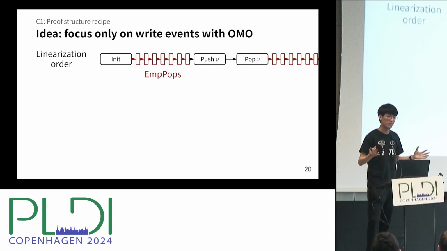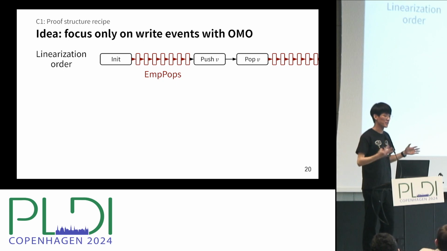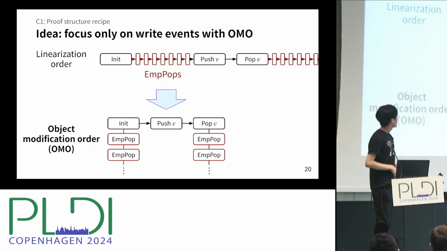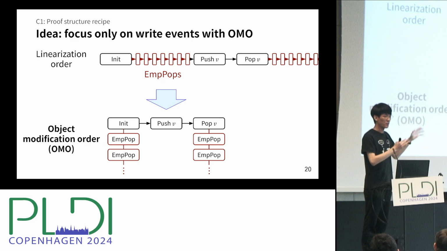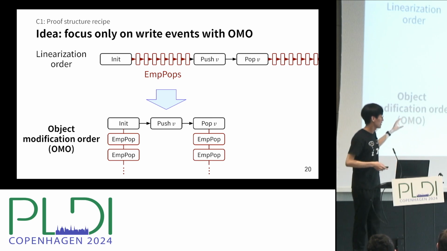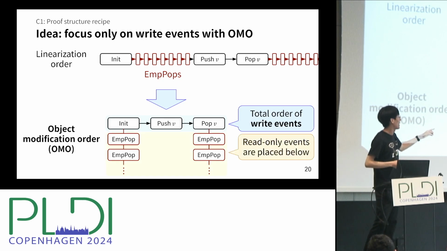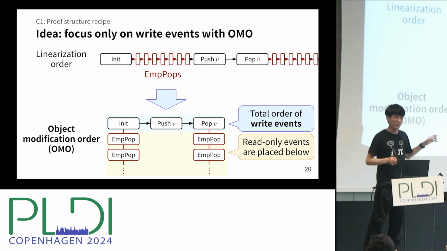To solve this problem, our main idea is that it is okay to focus only on the write events when establishing our invariant. We encoded this main idea into our new proof structure called the object modification order, or in short, the OMO structure. The OMO structure basically maintains the total order of only the write events, and the read-only events are just placed below the corresponding write event.